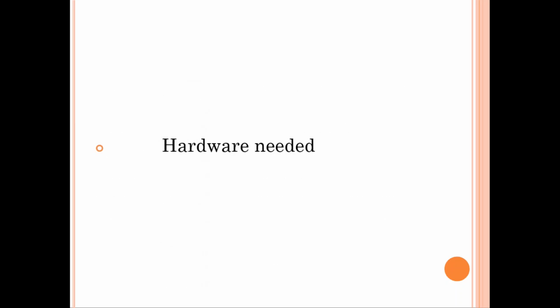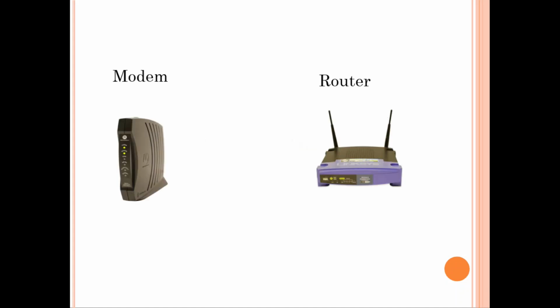Hardware needed: we will know the hardware needed to connect. We must have a modem. By modem we can connect to the internet. If we have routers, like the Wi-Fi you have.